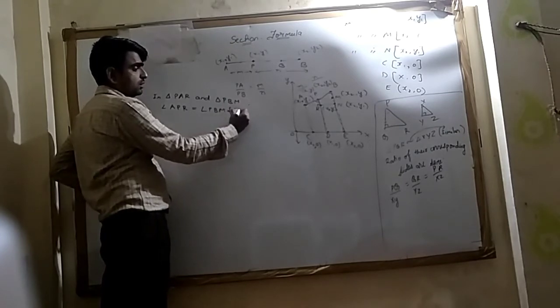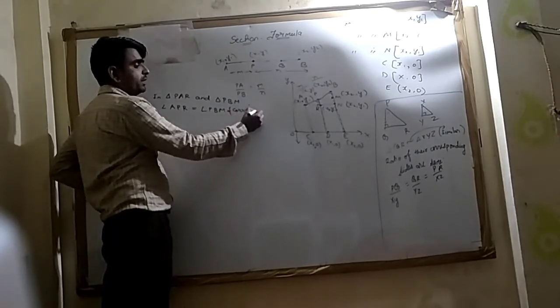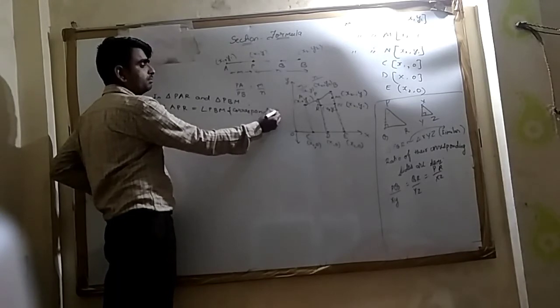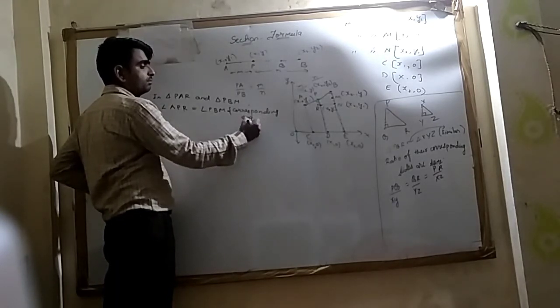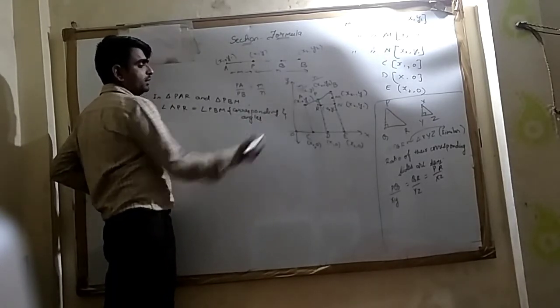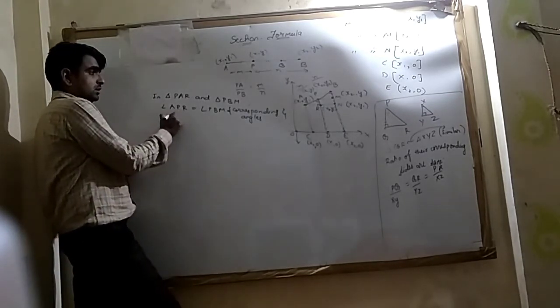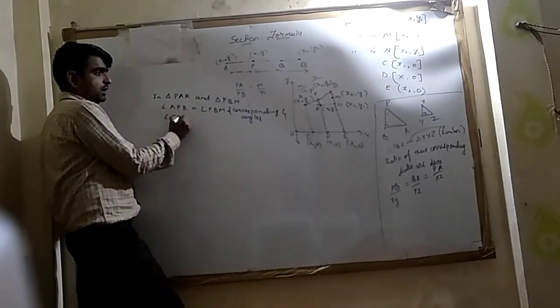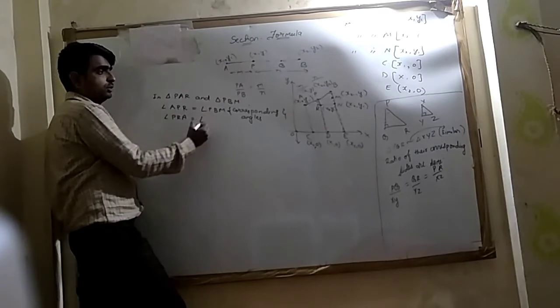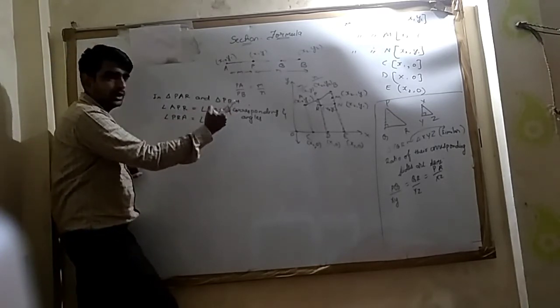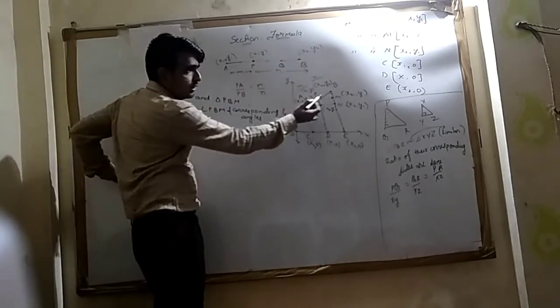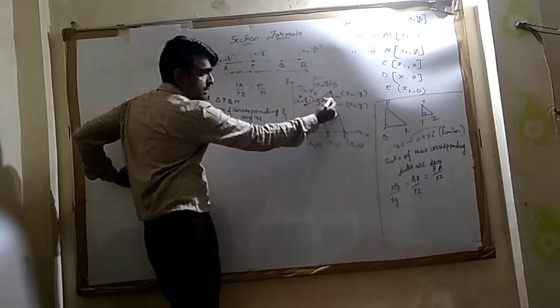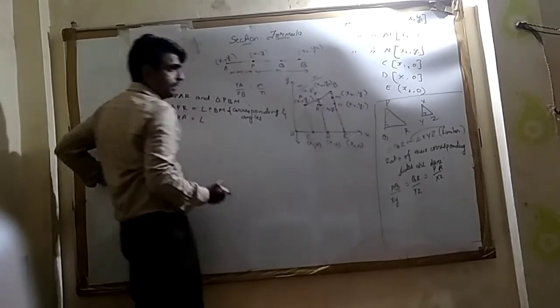Okay, these are corresponding angles, so will be same. And angle PRA is equal to angle BMP. You see, BMP. This is 90 degree. This is also 90 degree.